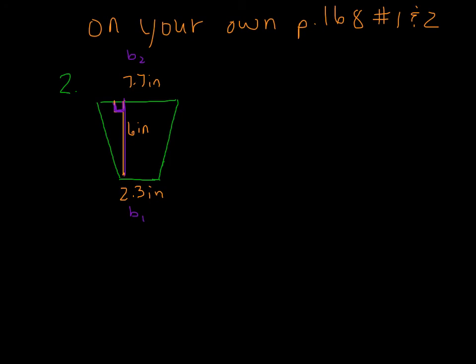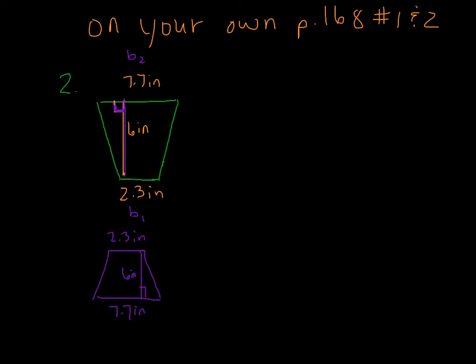So this would technically be flipped over like that, and I would have 7.7 inches down here, 2.3 inches up here, and then my height would be inside here. Okay, so just be careful of that. Again, it's still going to give you the same answer regardless of where you put your 7.7 and your 2.3.